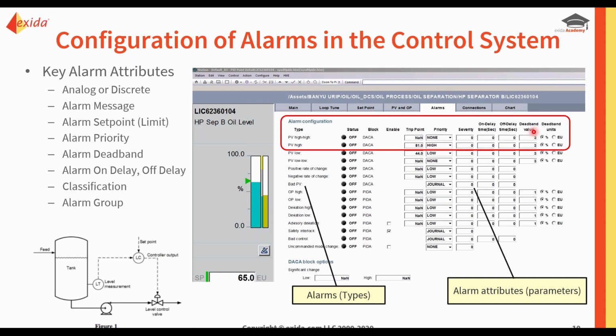So if you think about all the potential things that one could audit just for this particular loop, we have some 12 to 15 alarms times 10 attributes. That's quite a lot of things to be concerned about from an auditing point of view. So we're going to talk about that and take that into account when we come up with a recommended auditing program.